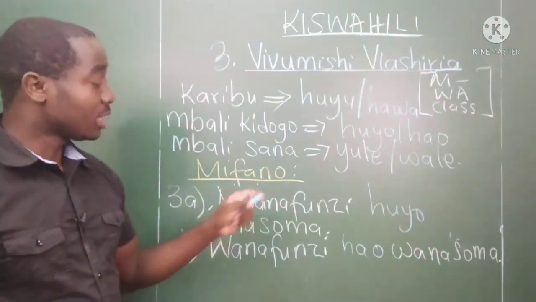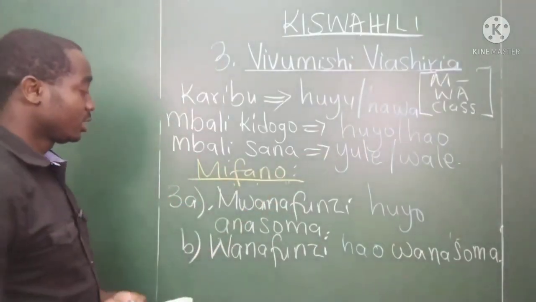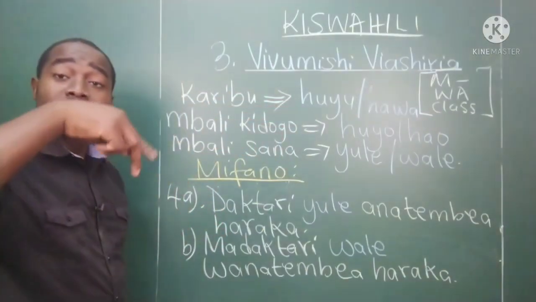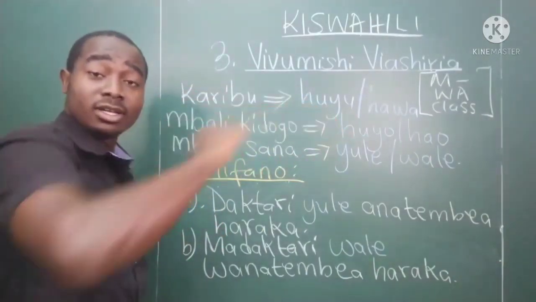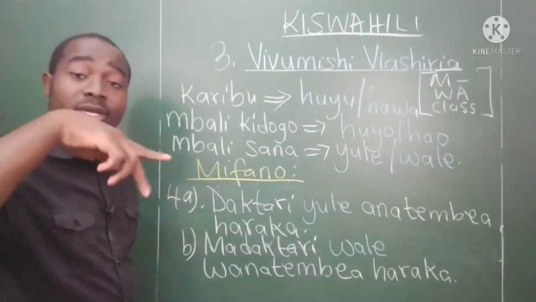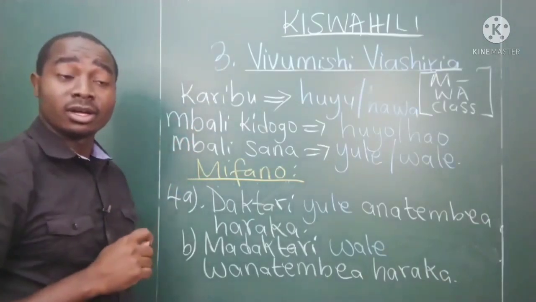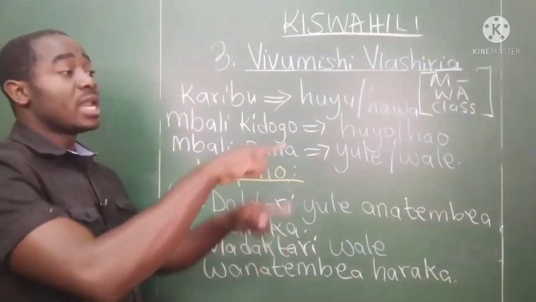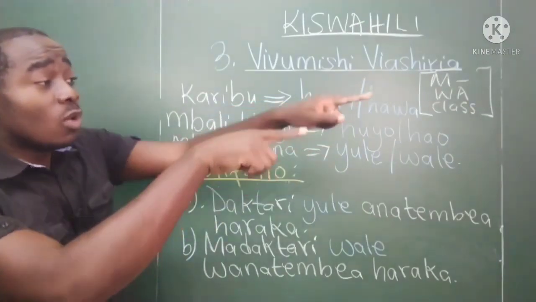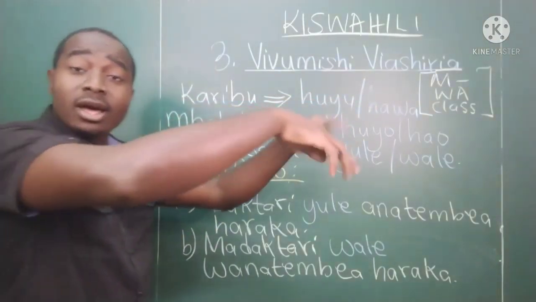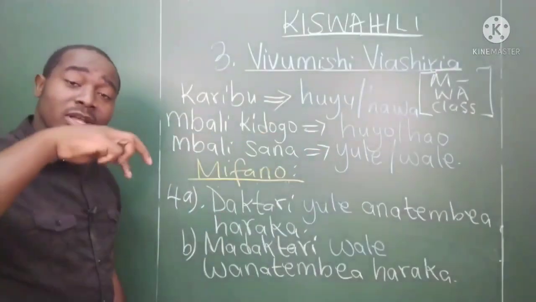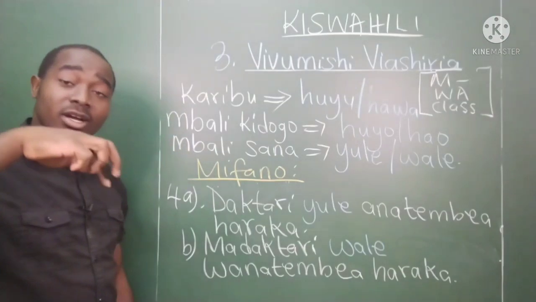So, let's have the example for this third part here. Daktari yule anatembea haraka. In plural, madaktari wale wanatembea haraka. Sawa? Tembea pole pole. Tembea haraka.